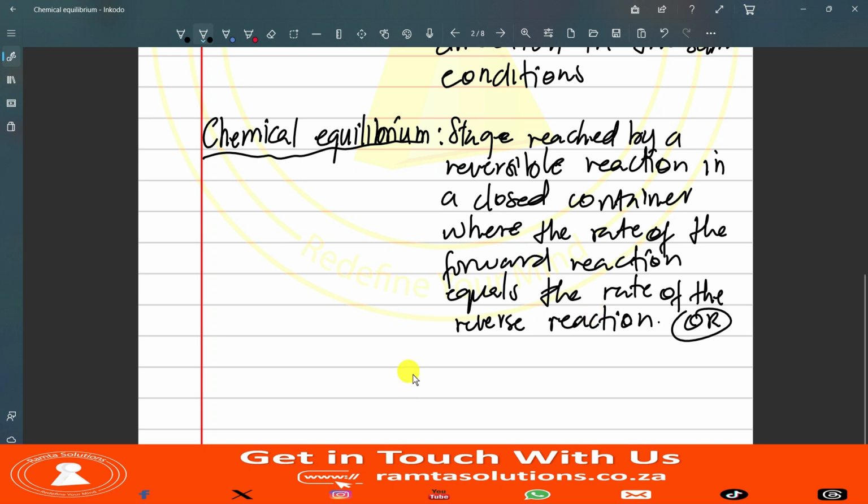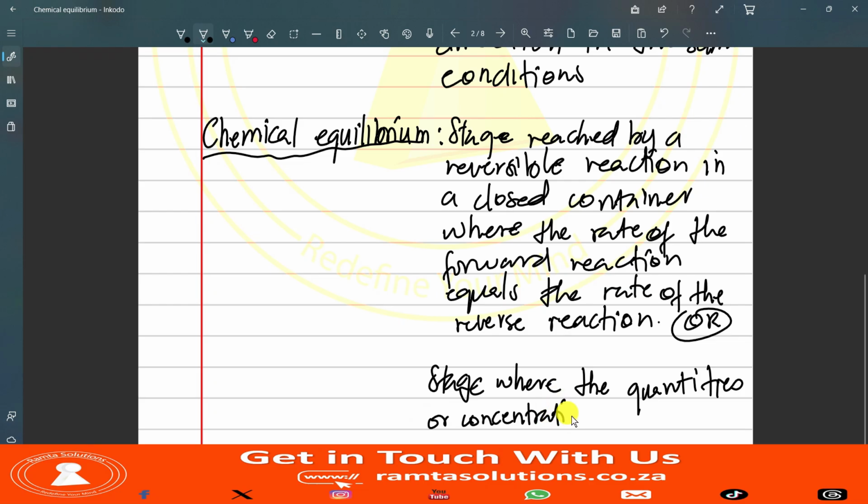Now, I'm going to give you another one using concentrations or amount of substance. So it'll be a stage where the quantities or concentrations of reactants and products remain constant.